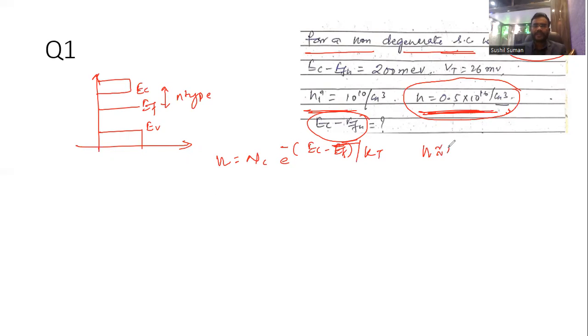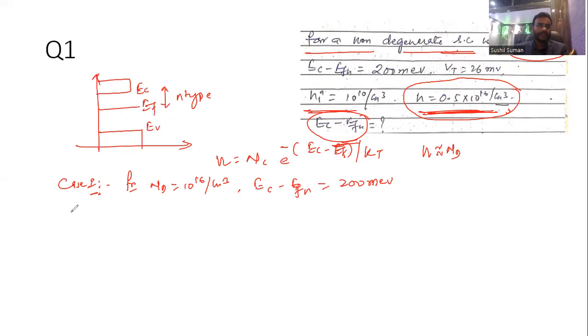Here N is ND. Now case 1: for ND equal to 10 to the power 16 per centimeter cube, EC minus EFN equals 200 milli electron volt.